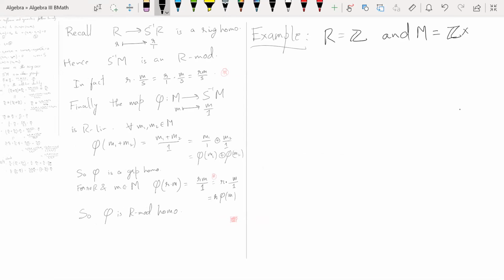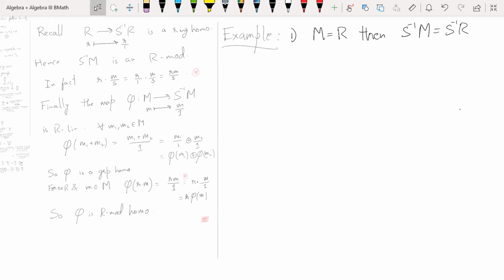So first observation: if M equals R, then S inverse M equals S inverse R. I mean, this is a tautology.